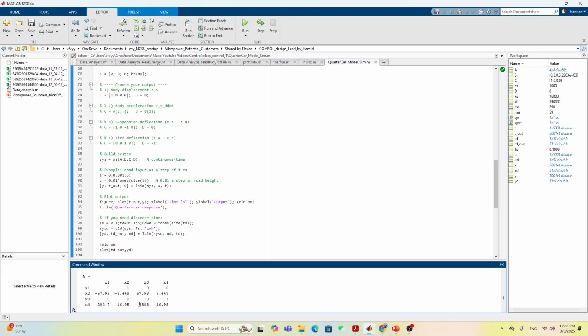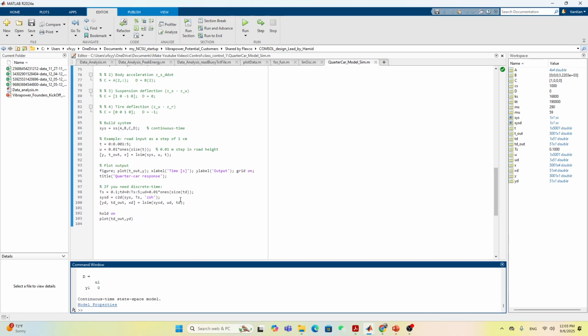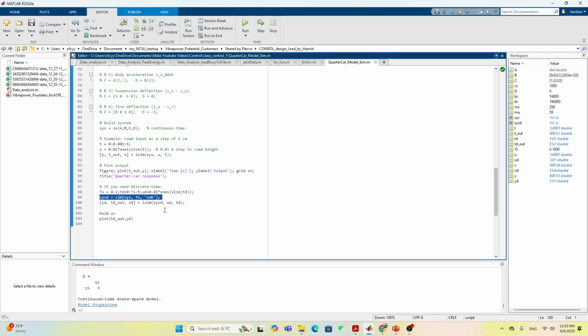Your A matrix is 4x4, as in a quarter car model you have 4 states. We can look at the A matrix, and also let's look at the zero order hold one, which is our discrete time, right? Here I define your time interval as 0.1 seconds. Of course, you can define any time interval, but for simplicity, I will define 0.1.